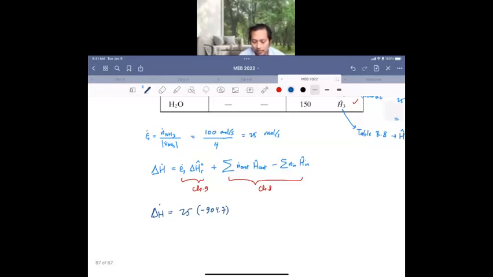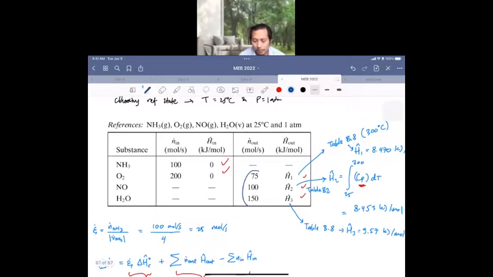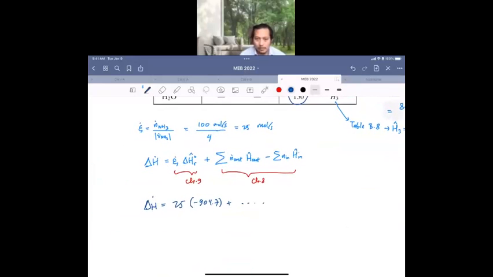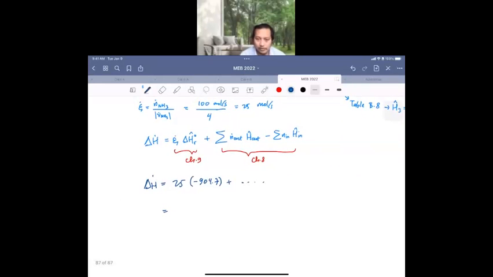We take these moles, multiply with the H, and it's supposed to be equal to 19,700 kilojoule per second.